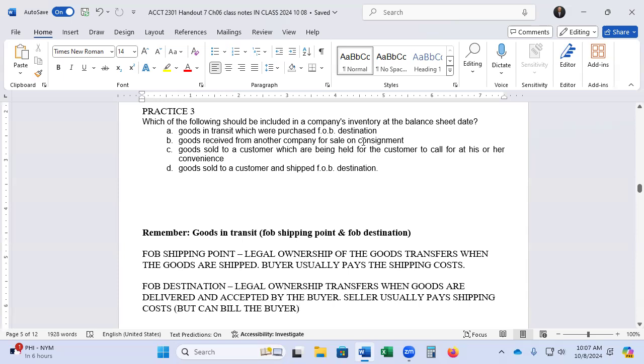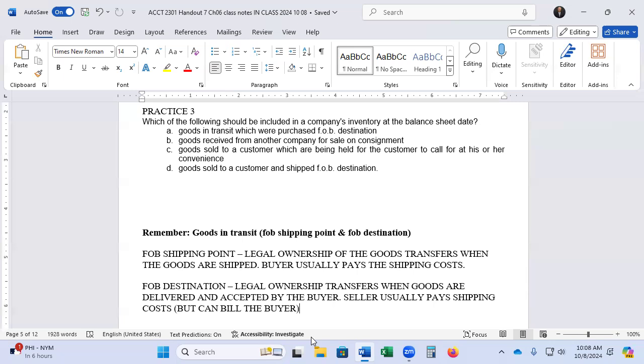Goods received from another company for sale on consignment. So this chapter talks briefly about consignment goods. The accounting for it's a little complicated, and I don't know how much we'll get into that with questions, but when you ship something to somebody on consignment, you still own the goods.